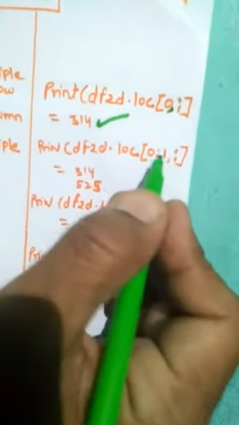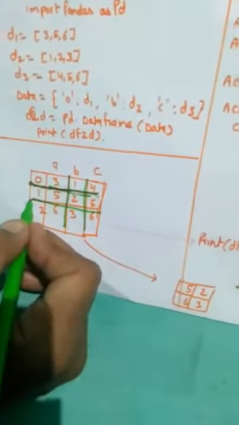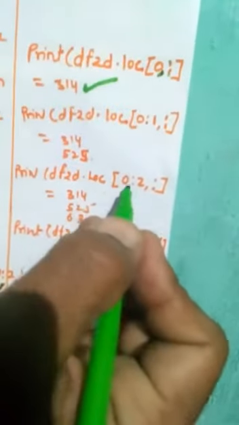Now if we write df2d loc 0 comma 0 colon 1, so 0 1, same thing, then the output will be 314 525, 0 and first row. Similarly, if we write df2d dot loc 0 colon 2, then 0 1 2, the complete this row and this row, 314 525 63 values will be accessed.